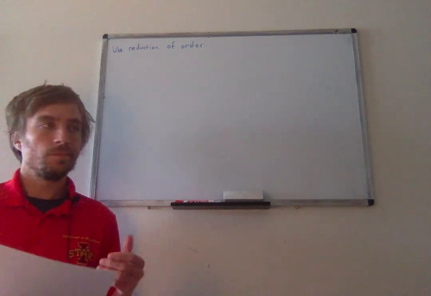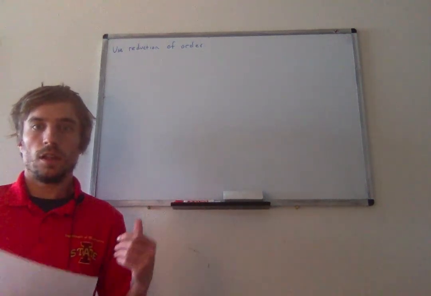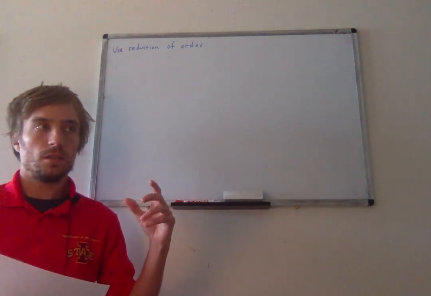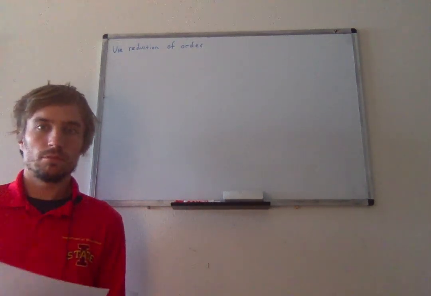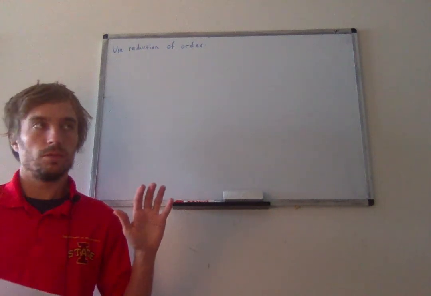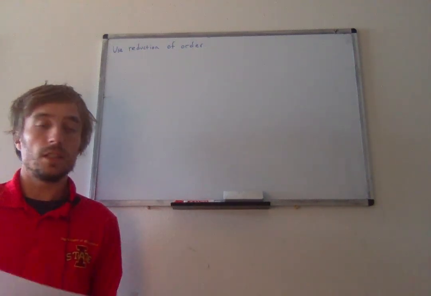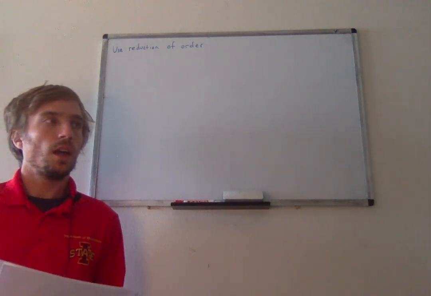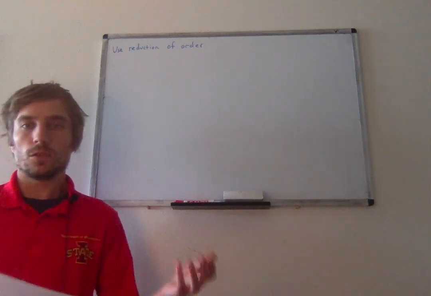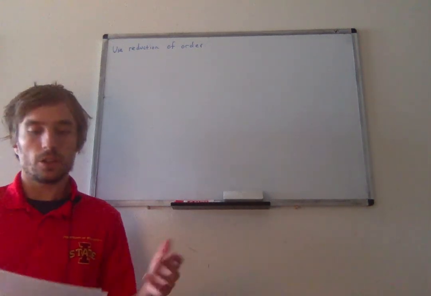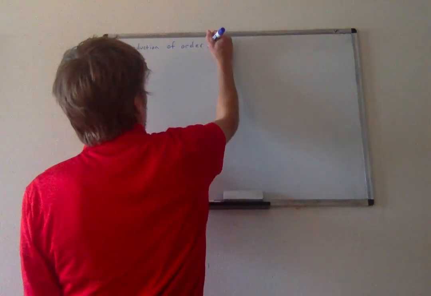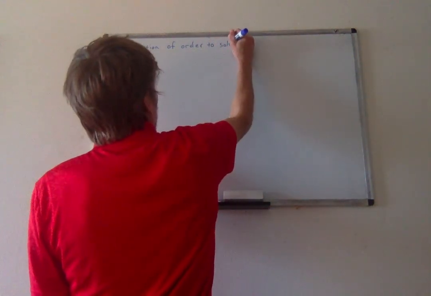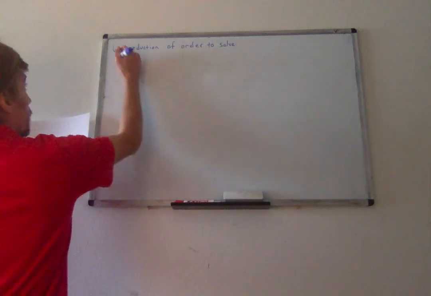We'll just write out the equation and work like we know all of the details of how this method works. If you want to see those details, of course, they're in the last video and on the last worksheet. So we want to use reduction of order to solve the following.